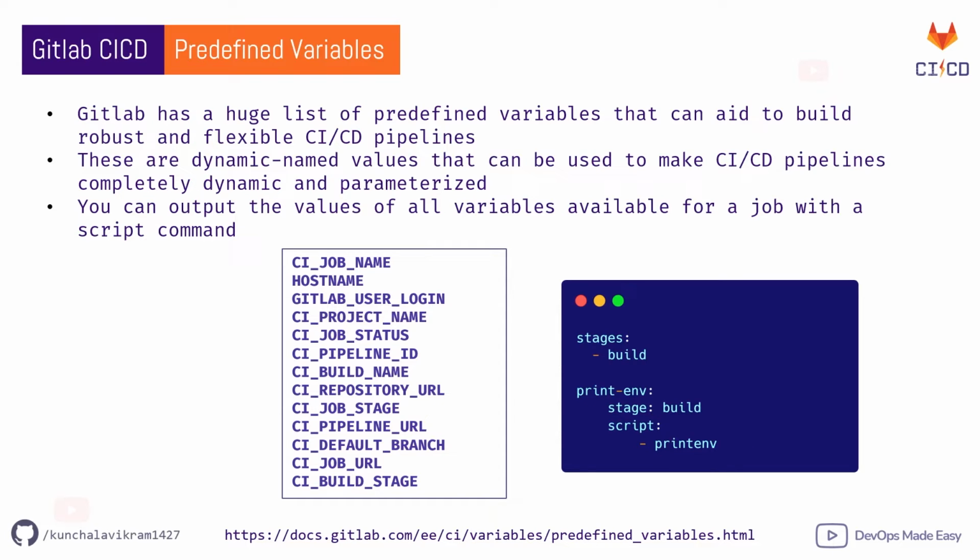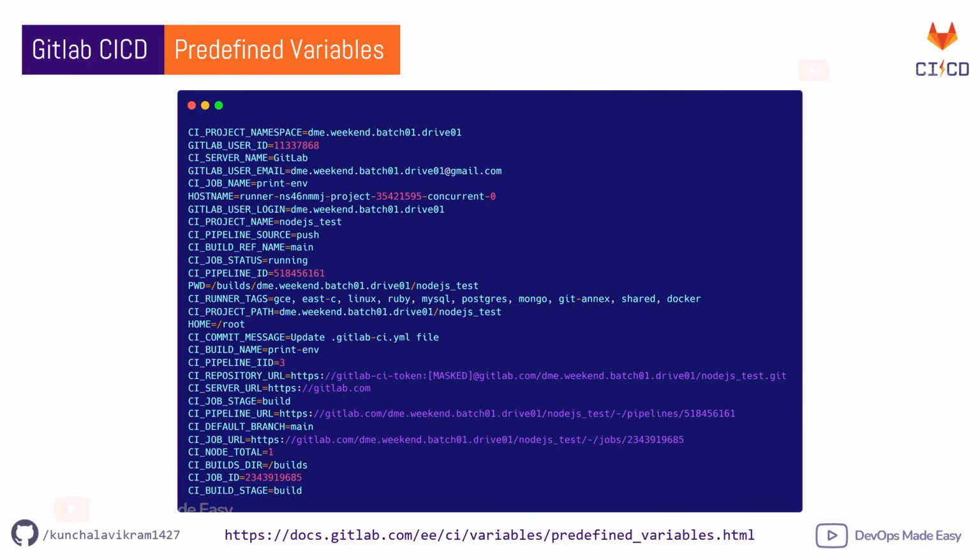So these environment variables are dynamic in nature, so do check out their values when the pipeline actually runs. As I said, these are dynamic and you can call them inside your pipelines by simply using a dollar sign followed by the variable name. So these are the predefined variables, and we'll also see some of them in our actual pipelines.